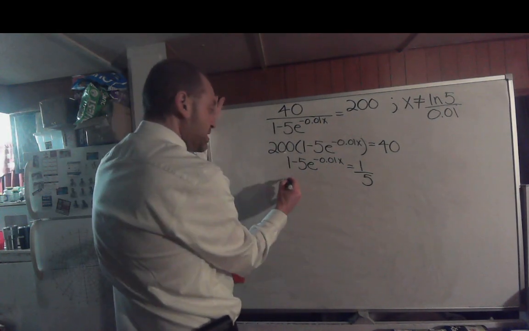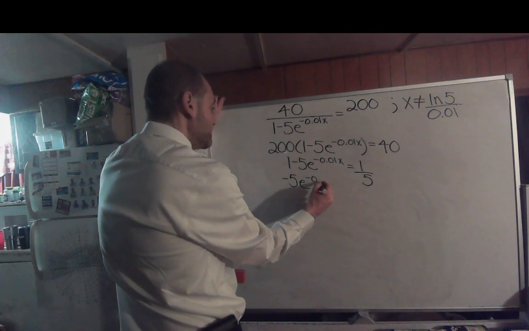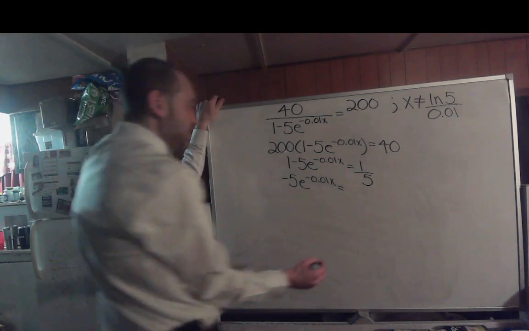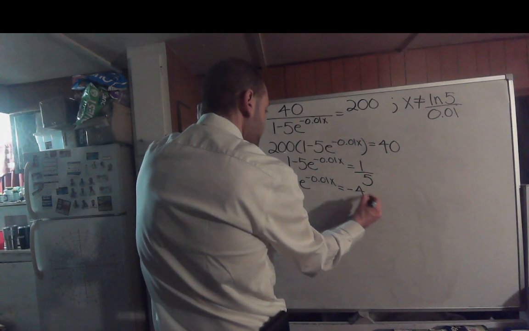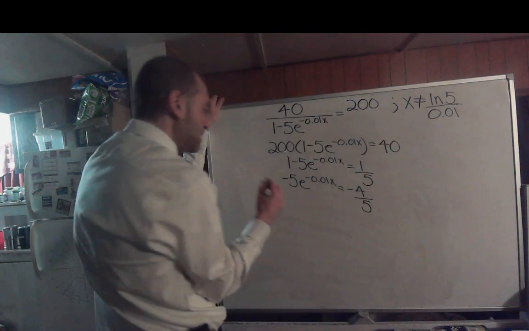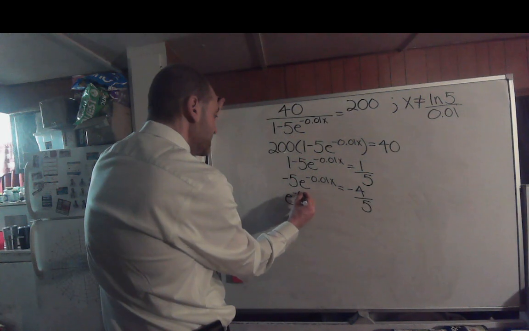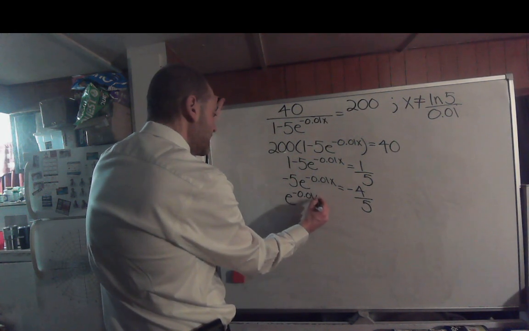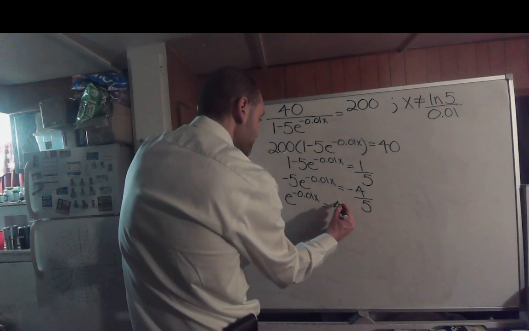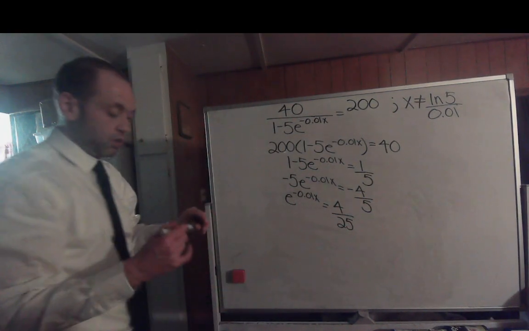So then you would end up with negative 5e to the negative 0.01x equaling negative 4/5. So then you would get that e to the negative 0.01x equals positive 4/25. Much easier to work with.